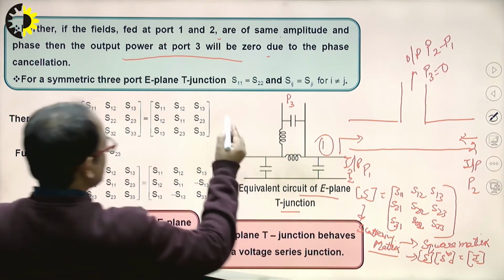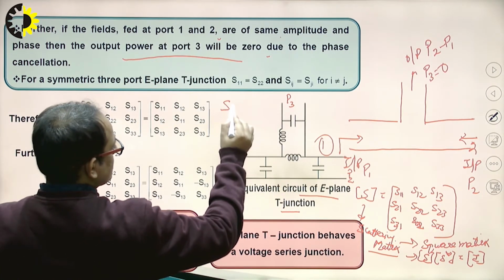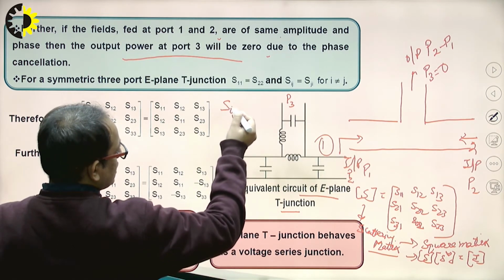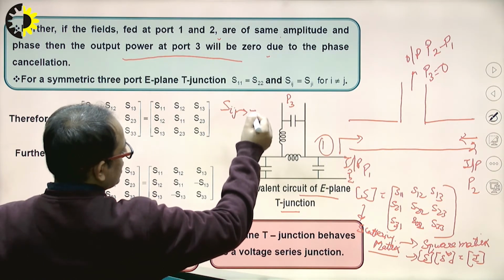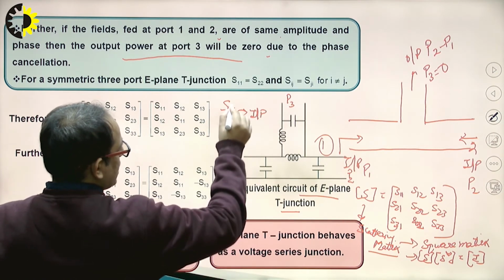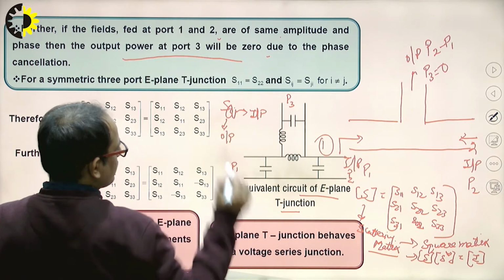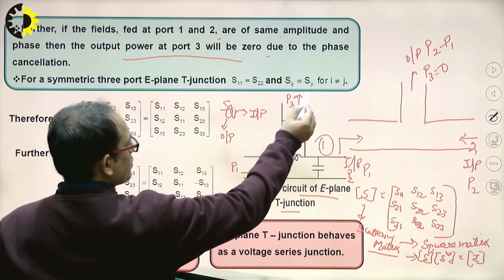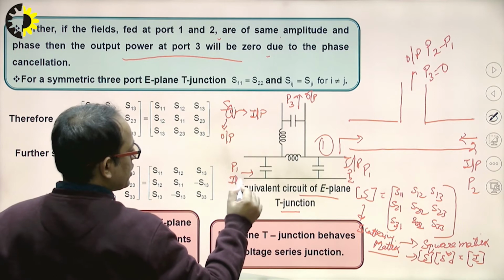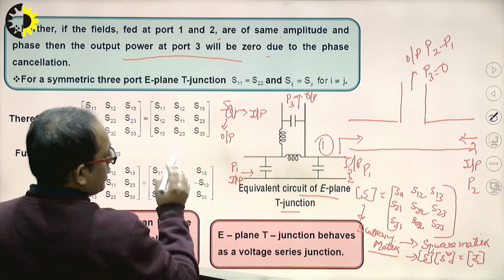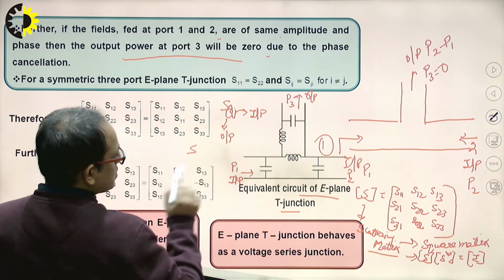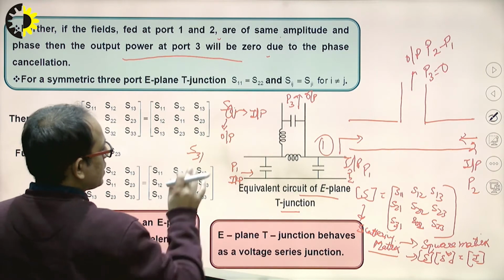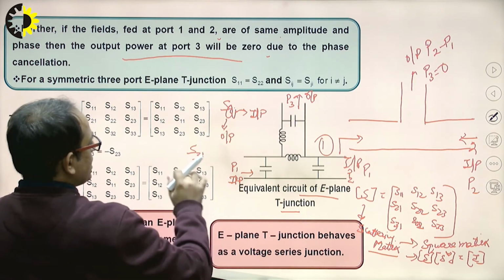I have told you for the S matrix, if I say this is Sij, so what does Sij represent? This J represents the input, and this I represents the output. Means if I say P1 is the input and I am getting P3 at the output, P1 is input and P3 at output, so I will say that it is S31. Clear? So this is Sij.